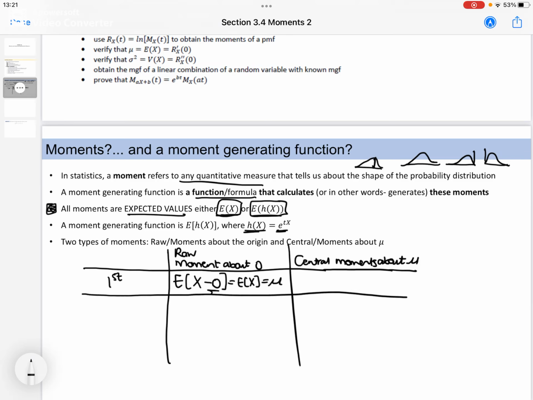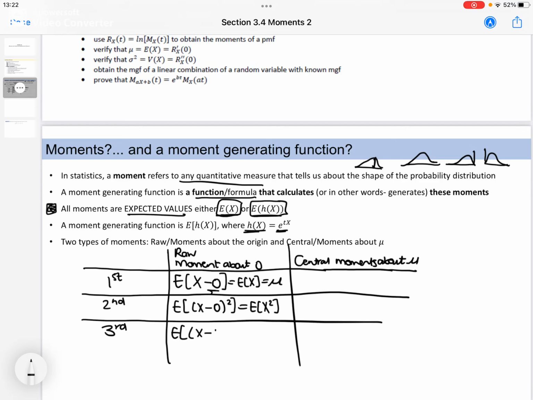Now, the second moment about 0 is the expected value of x minus 0 all squared, and this is equal to the expected value of x squared. Now, the third moment about 0 is the expected value of x minus 0, so it's about 0, all to the power 3, and this is the expected value of x to the power 3.